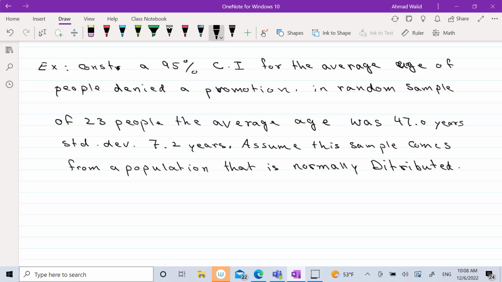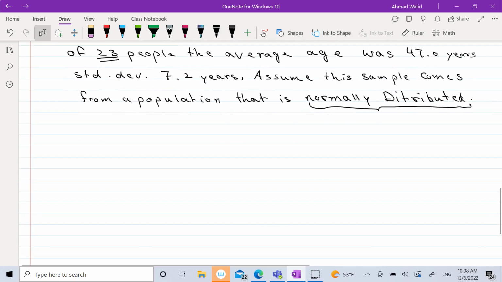If I don't have this last sentence in the problem, even I could not solve this problem because my sample size is only 23. It's less than 30. But normally distributed again gives me the power to solve this problem. Let's start from the beginning.